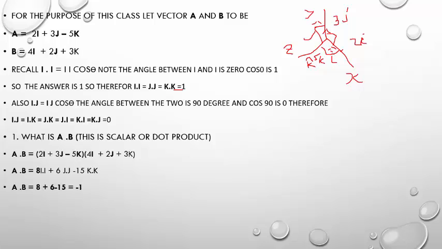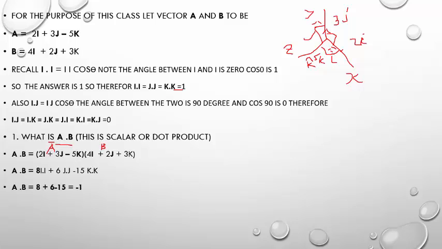So the question now says, what is A dot B? It is simply putting vector A at this point multiplied by vector B. So if we look at this relation, I can say 2i times 4i, and we have 8i dot i.